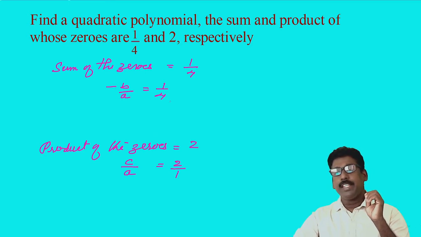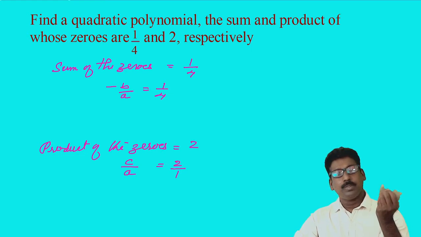Here a you can take it as 4, but here a is equal to 1. So you have to make a equal. So what we can do? You just multiply 4 here to both numerator and denominator.